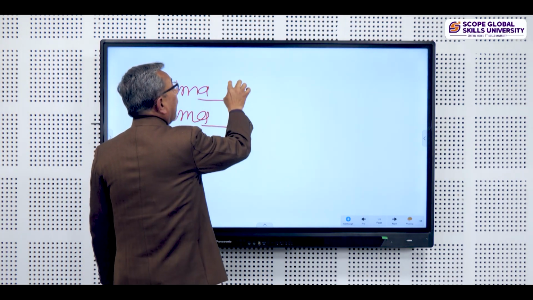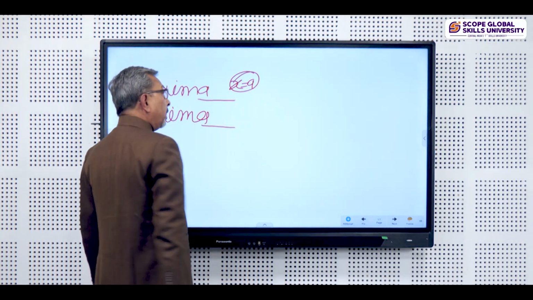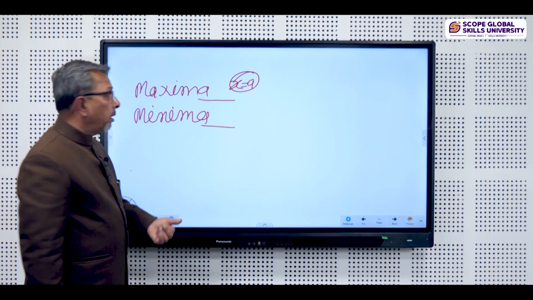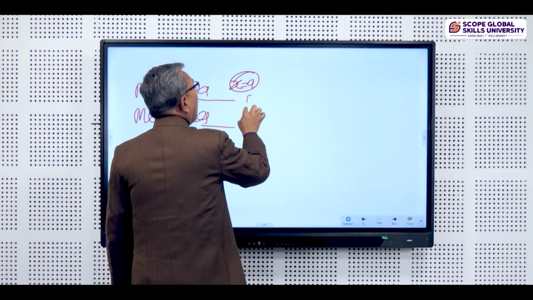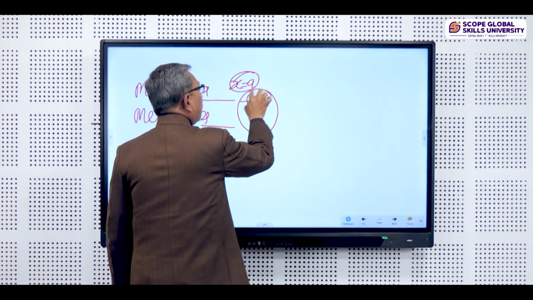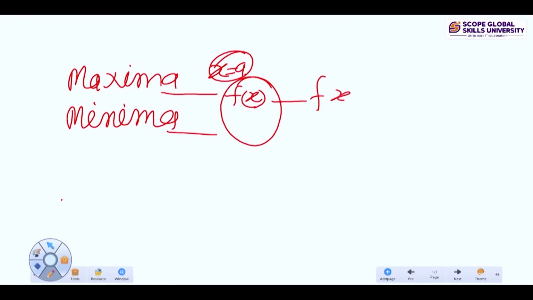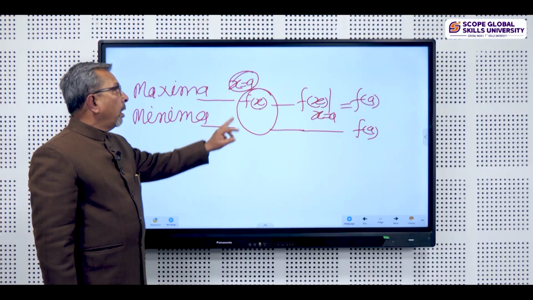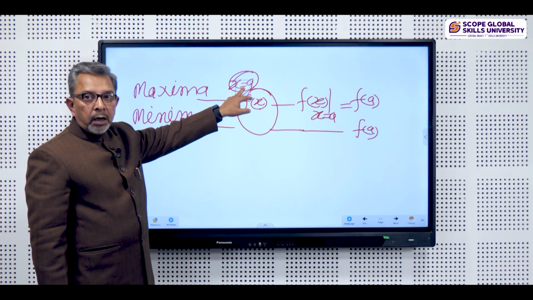Where x is equal to a, if we find that the function has a maxima point, then substitute this value in the given function f(x), and f(a) is the maximum value, whereas f(a) is a minimum value if the given function has a minima point at x is equal to a.